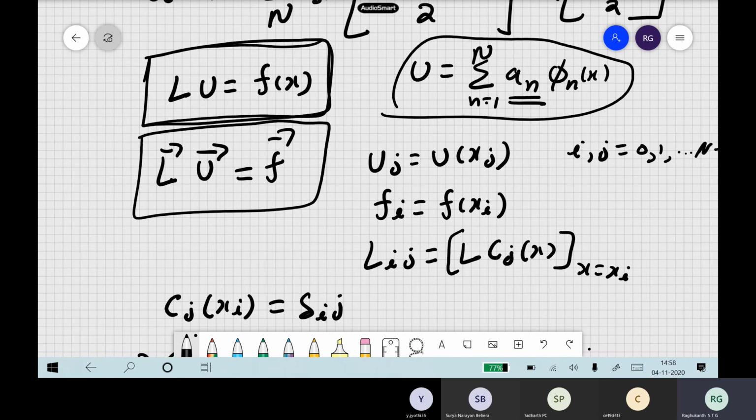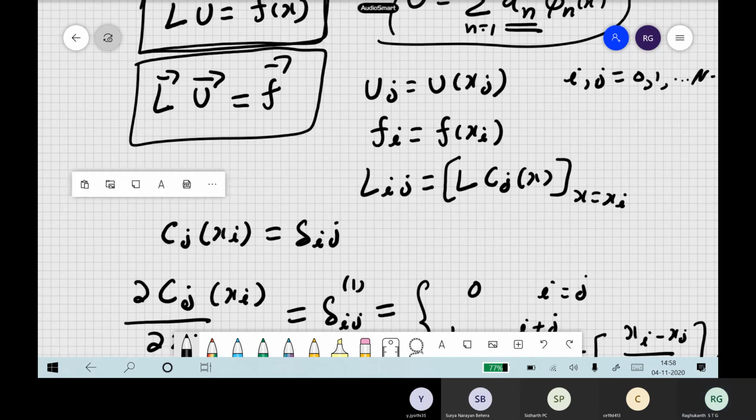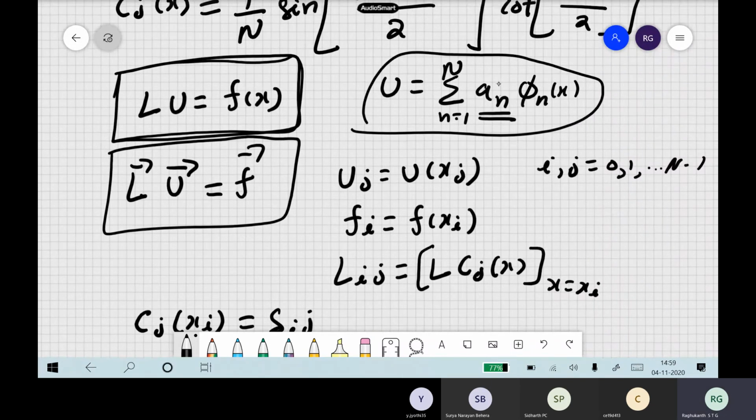Now the main advantage in the cardinal functions is, what are the unknowns here? See, in the old way, the unknowns are your coefficients.